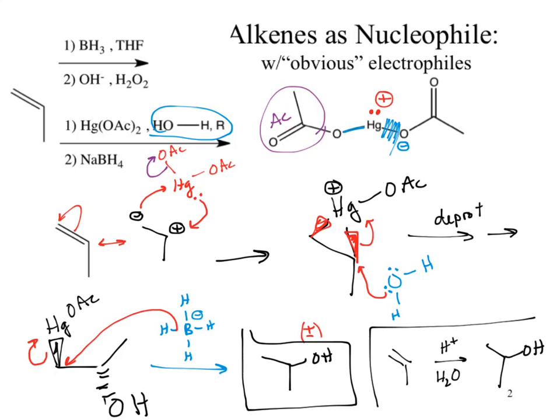Is that in our first step? It's not officially there. That's a resonance structure. Do we ever form the carbocation with the mercury reagent? No. Do we need to worry about rearrangements or resonance? No, because there's never a carbocation present. So exactly as you said, Tim, right at the very beginning, no rearrangements.